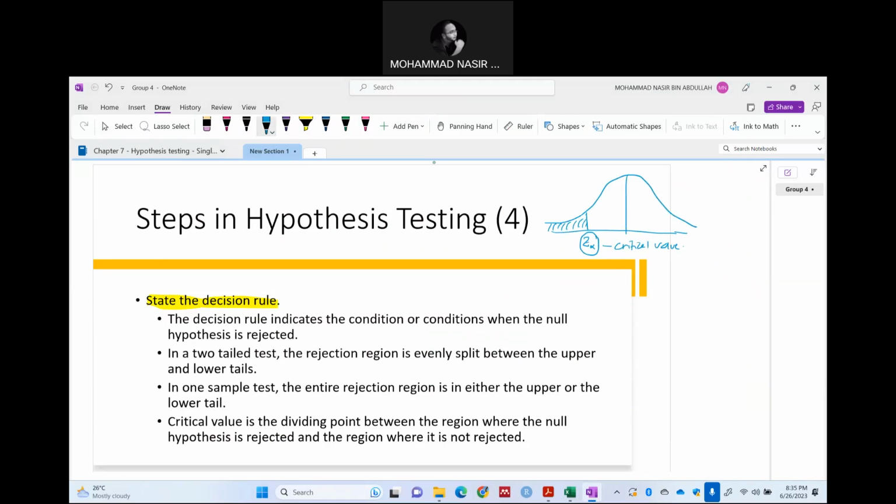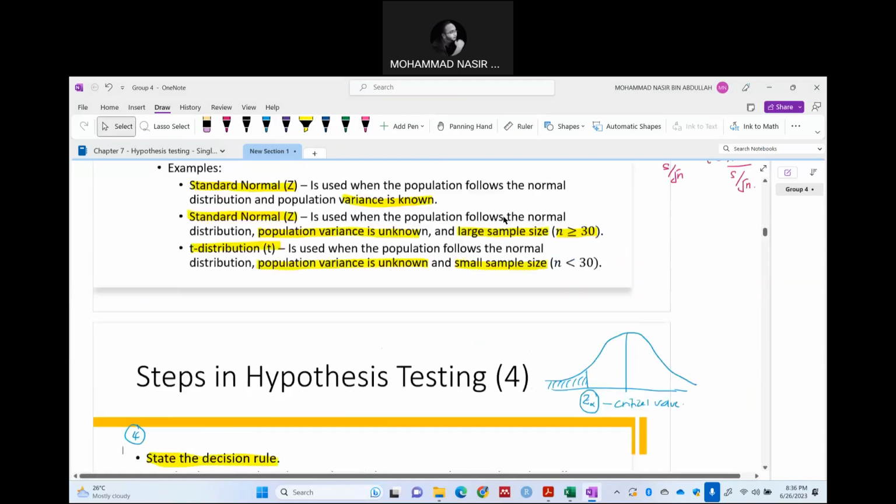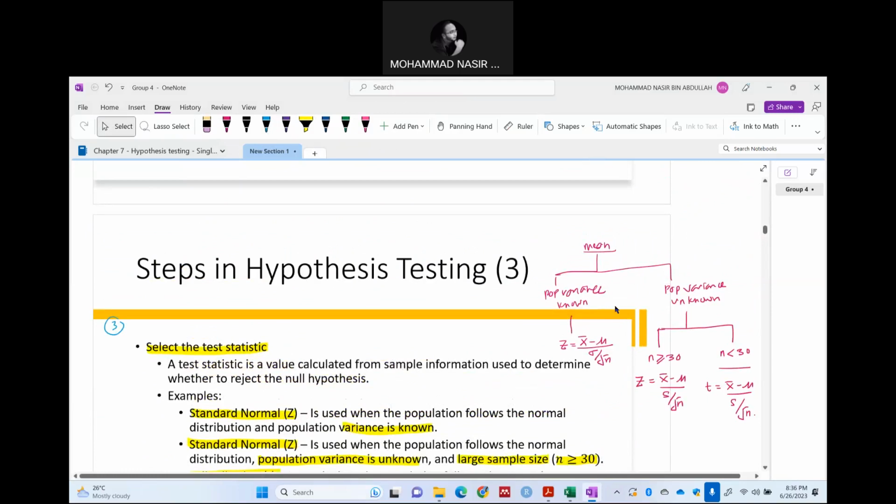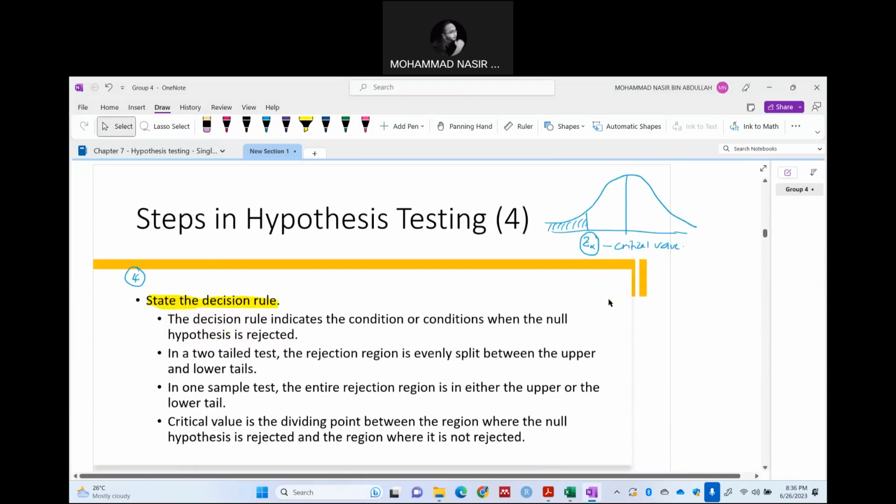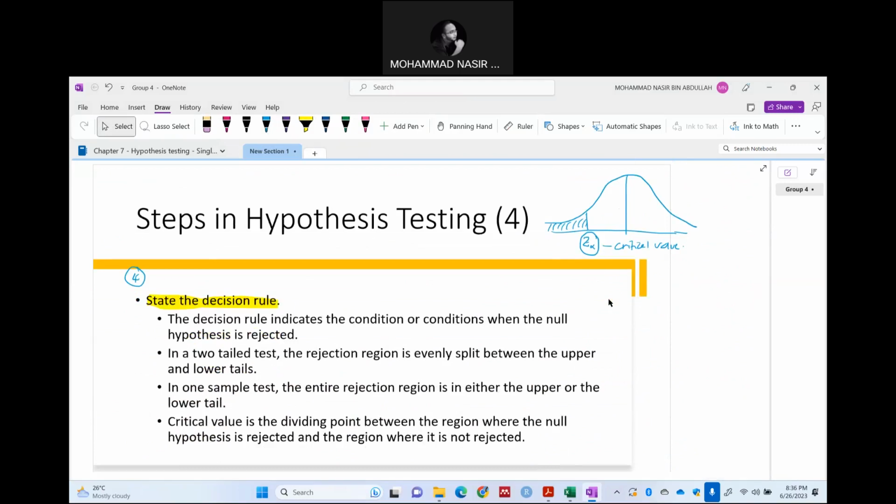Then, step number 4, we state the decision rule. What is our decision rule? If the Z statistic or T statistic, based on the test statistic, lies inside the rejection area, we reject the null hypothesis. If the Z statistic or T statistic lies in the acceptance area, we accept the null hypothesis.